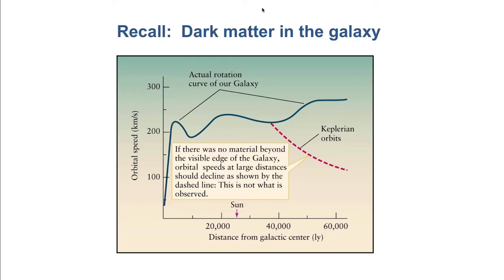And so remember, we would expect that once you're outside all of the mass of a system, the rotation curve would fall off in a Keplerian way, like the solar system does. The solar system has all of the mass at the center, and we see its rotation curve fall off like this. We would expect, once we get outside all of the mass of the Milky Way, that our rotation curve would also fall off like that for the smattering of things that are out there. Not only does it not fall off, it actually goes up out there. What does this imply?